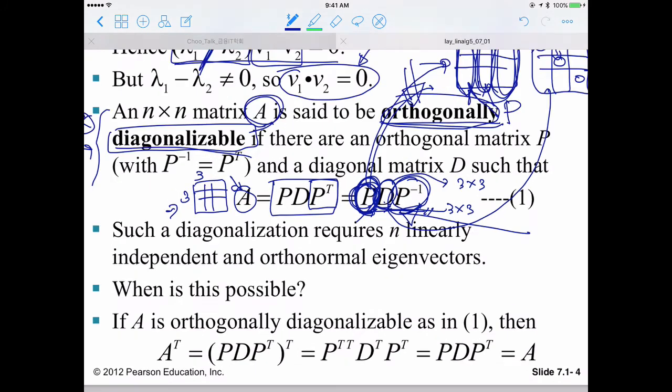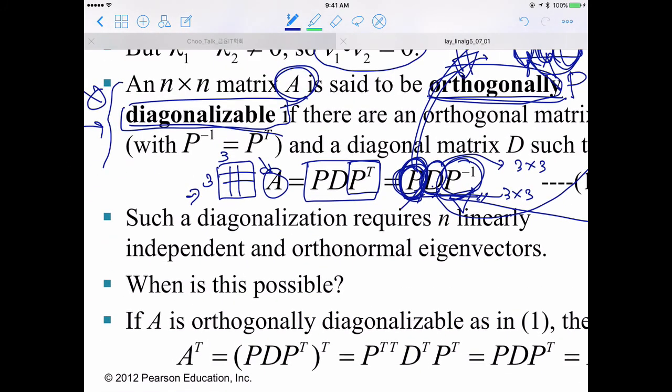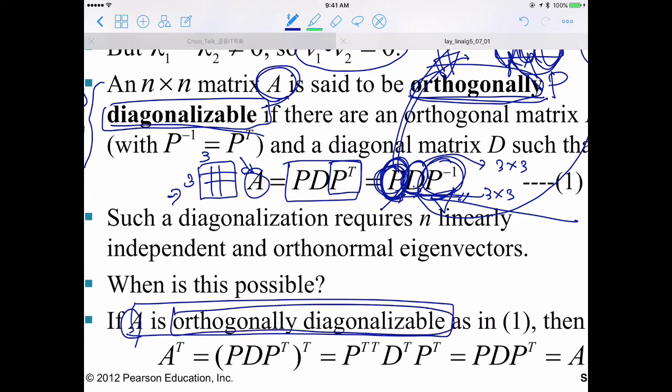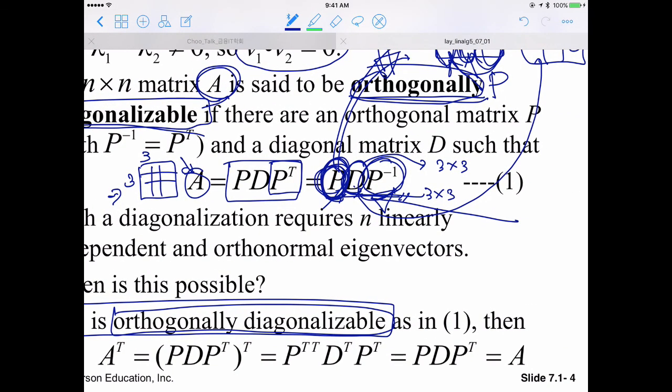So let's look at the proof in at least one direction, which seems to be much easier. So let's look at the reverse case. If your matrix A is orthogonally diagonalizable, this is your assumption, then you can conclude that A is symmetric, right?